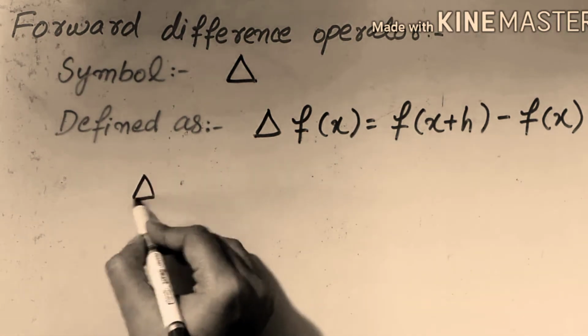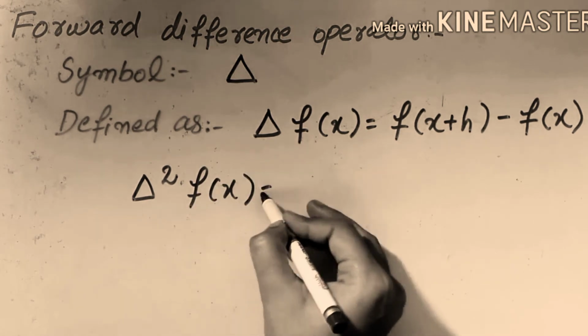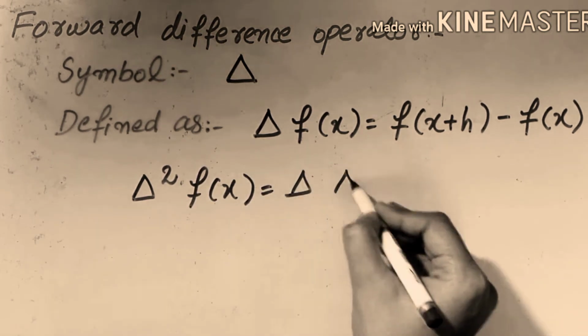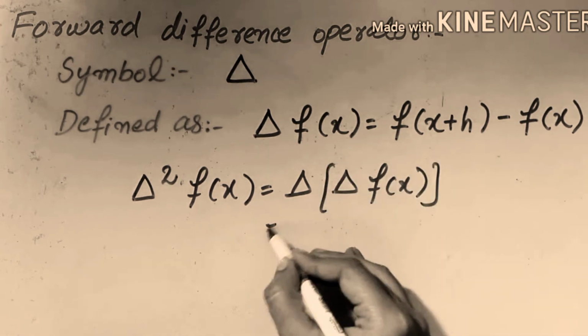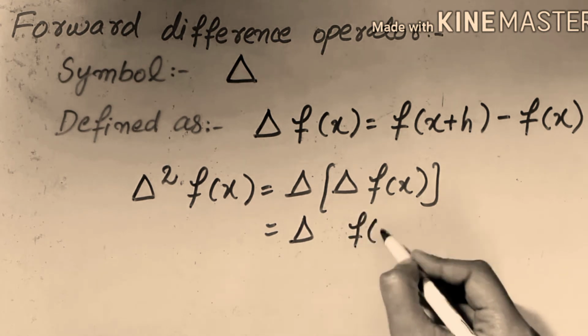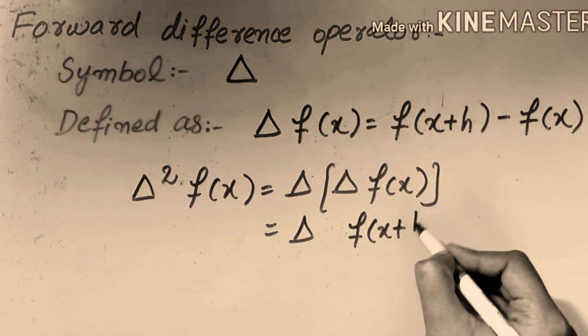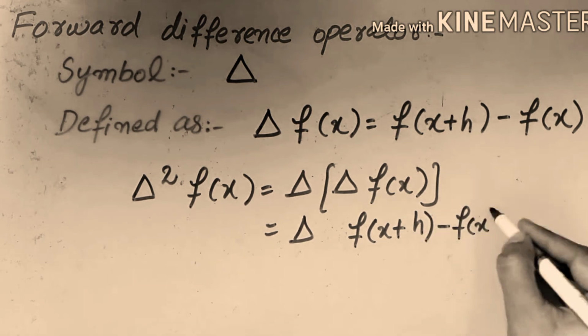For the second order forward difference operator, let's see how it works. It's del applied to del f of x. We apply the forward difference operator on the function, so it becomes f of x plus h minus f of x.